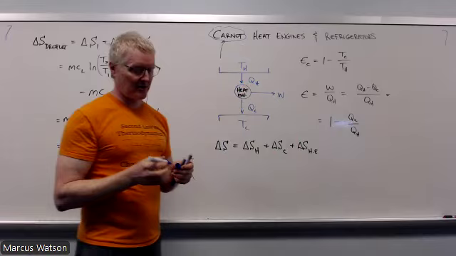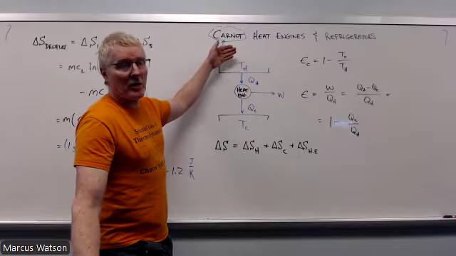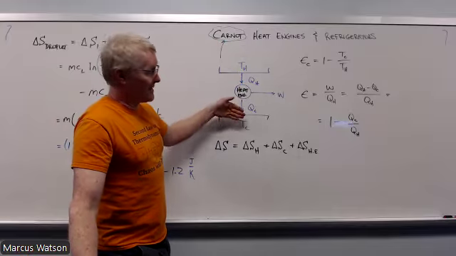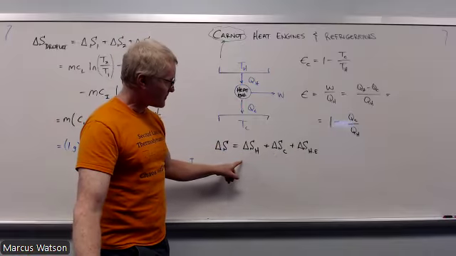That's the heat engine cycle. Therefore, any Carnot or any working heat engine like this is going to have these three entropy increases to think about.